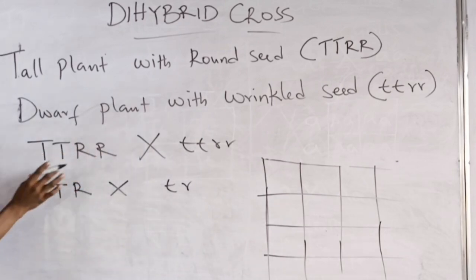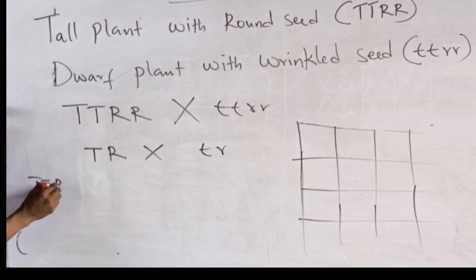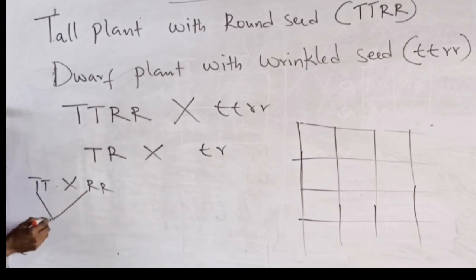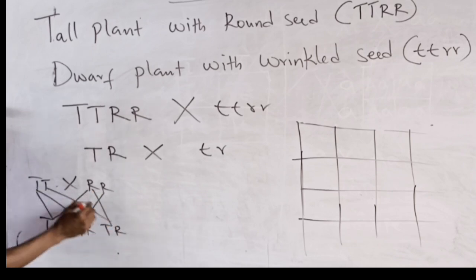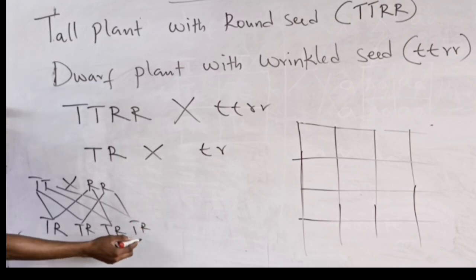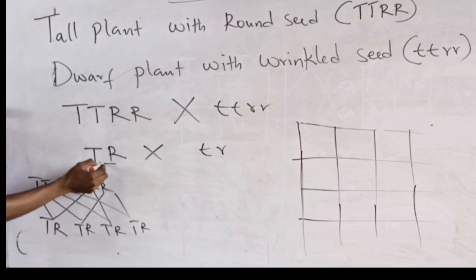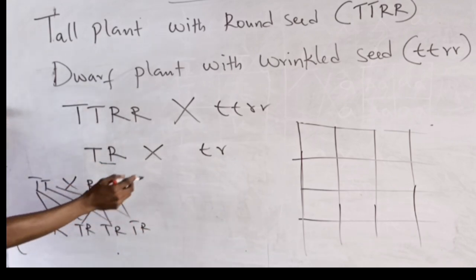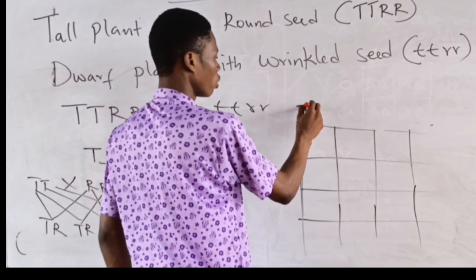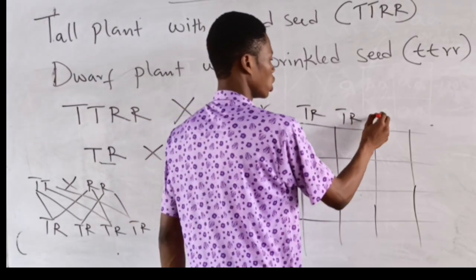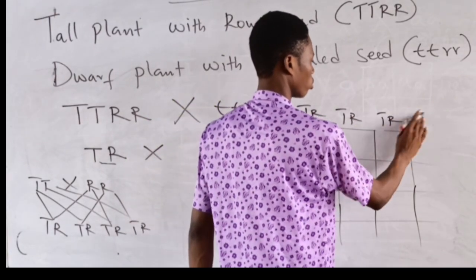But if you have something like this, TT, RR, and you are crossing this TT with the rr, this one we combine with this to form what? TR, right? This one we also combine with this to form TR. This one combined with this to form TR. So you see we have four TR, all of them the same thing. So what you are going to fill here is TR, TR, TR, TR.